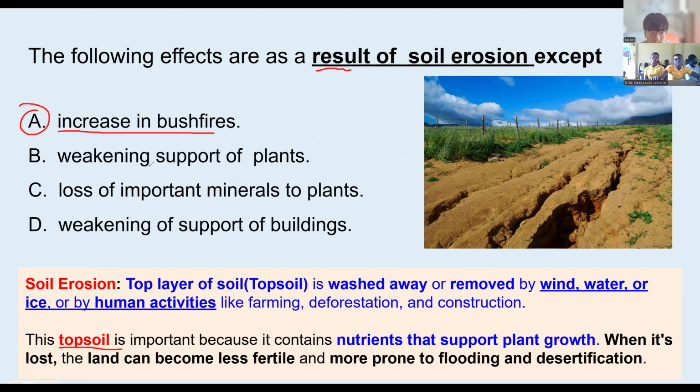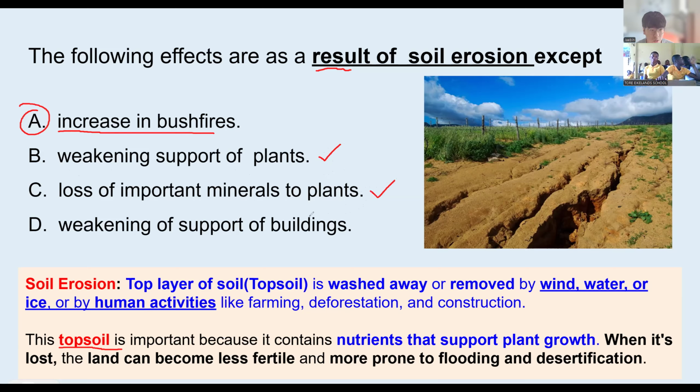But the next options are definitely a result of soil erosion. Things like weakening support of plants, yeah, that can be a result of soil erosion. The loss of important minerals to plants is a result of soil erosion.